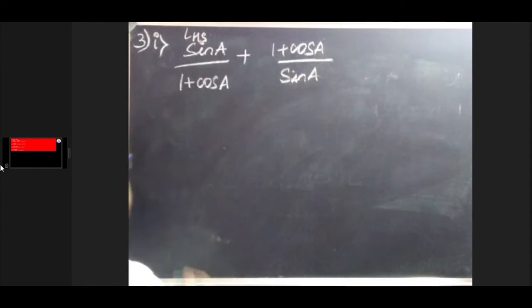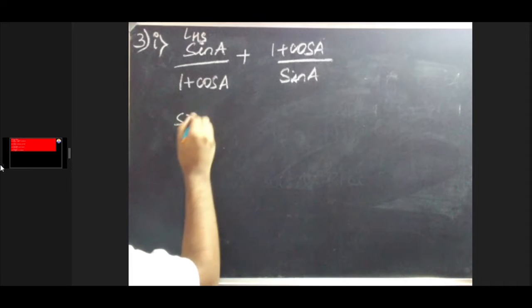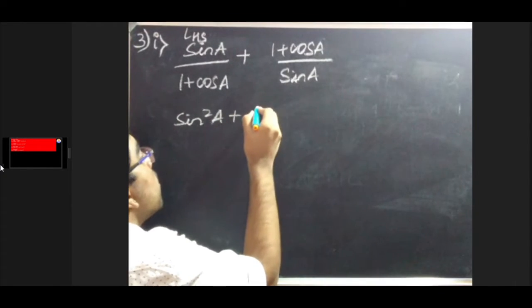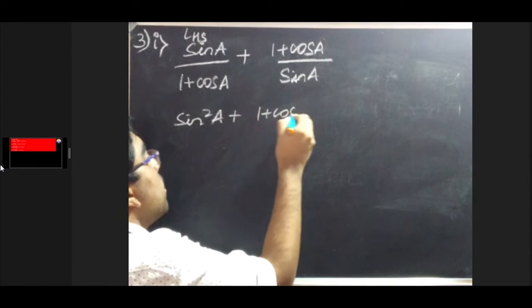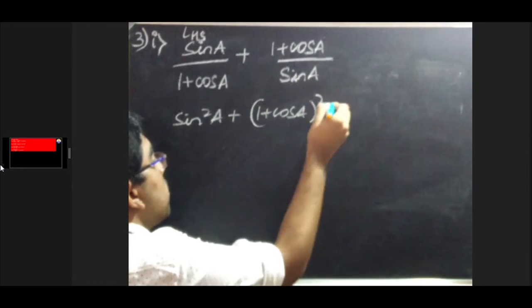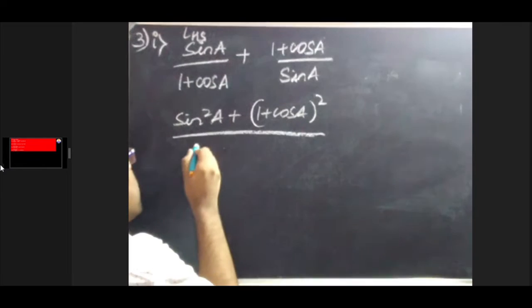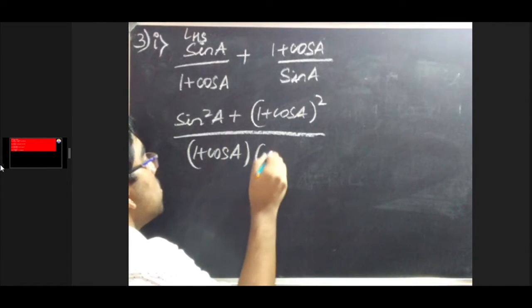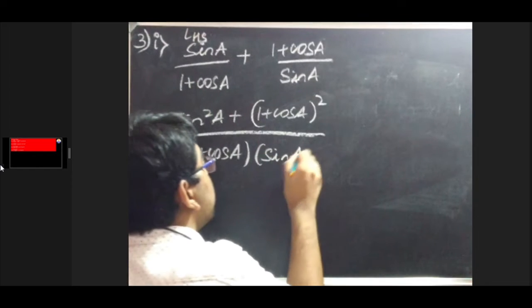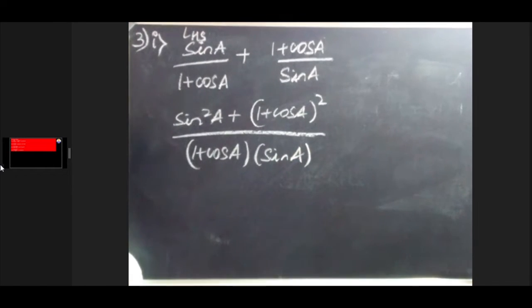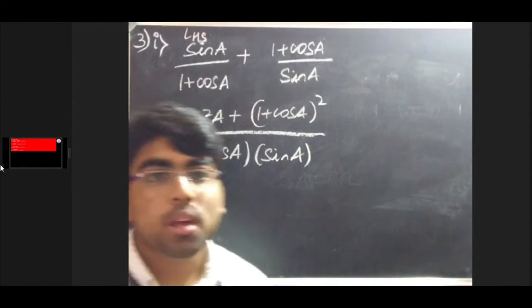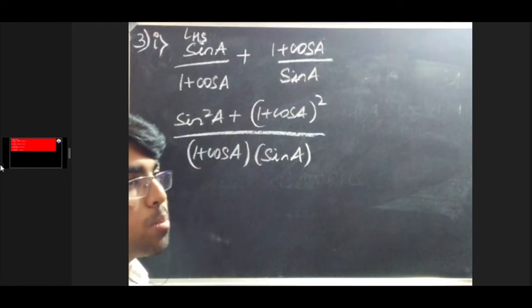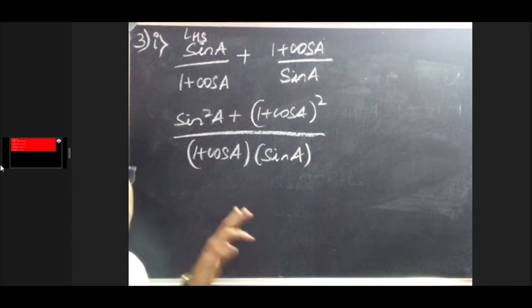Let's take the LCM. Sin square A plus 1 plus cos A the whole square divided by 1 plus cos A into sin A. Okay, if people who are making running notes along with me, you can pause the video and make the running notes, because this problem is quite long.